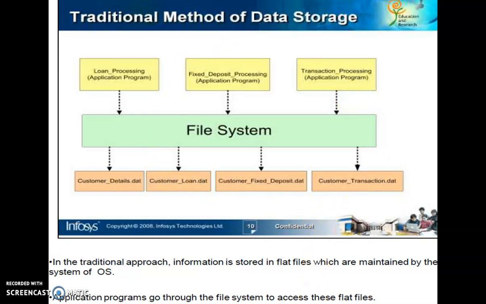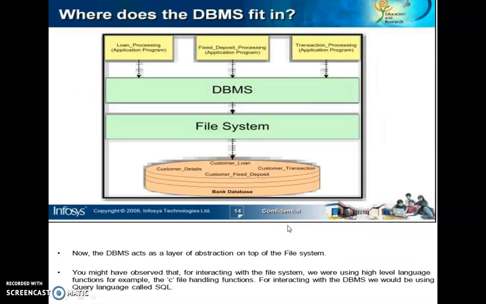So in the traditional approach, the information is stored in flat files which are maintained by the operating system. So the application programs go through the file system to access the data from the flat files. Okay. So where does the DBMS fit in? The DBMS fits on top of the file system. Now the DBMS acts as a layer of abstraction on top of the file system.